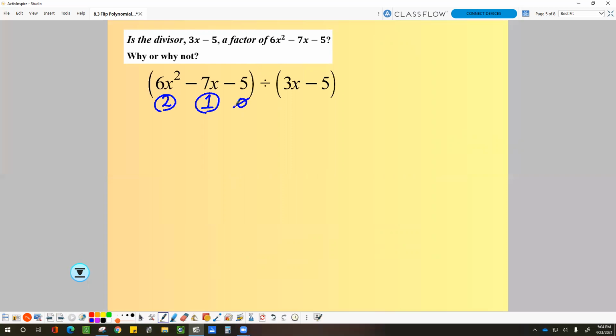Those are in order and nothing is missing. 3x is degree 1, and minus 5 is degree 0. So those are in order and nothing's missing. I'm ready to divide.